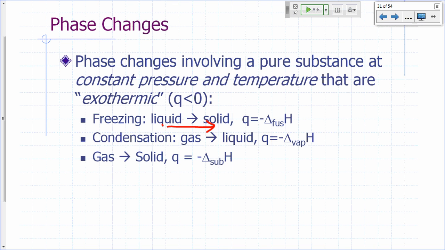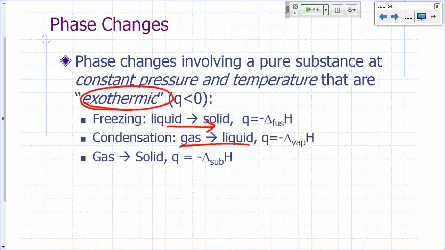So if you have a gas where your molecules are moving more or less freely, and you want to restrict the movement of your molecules so they can condense into a liquid, what do you have to do? You have to take energy out from those molecules. So when you condense a gas or liquid, energy has to be taken out. So Q for those are negative. Those are exothermic processes.